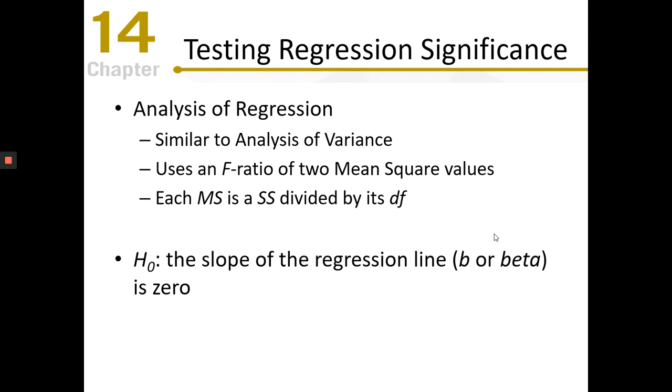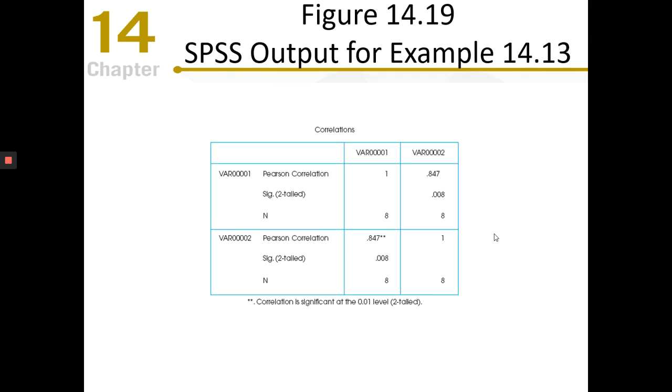It's actually testing whether the slope is different from 0, because the farther the slope is from 0, the higher the correlation, the higher the relationship between X and Y. You don't have to do that. You don't have to do this either.